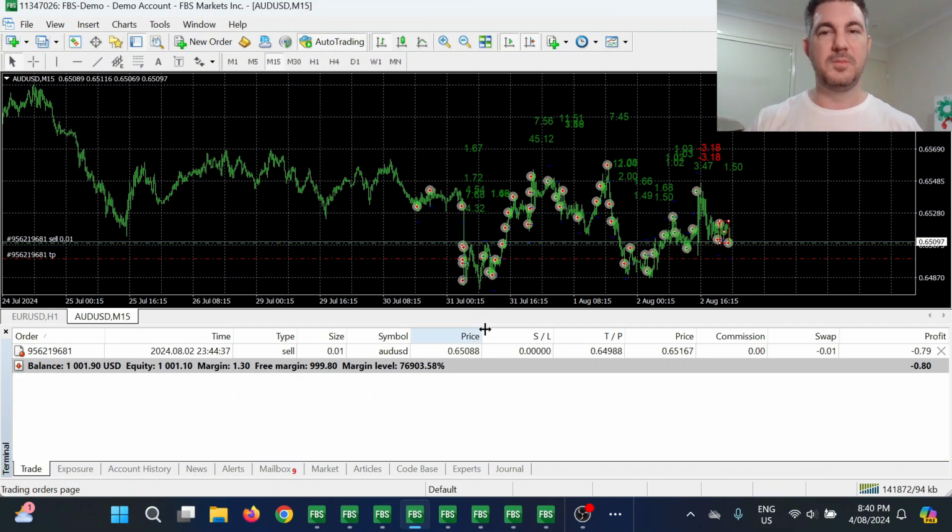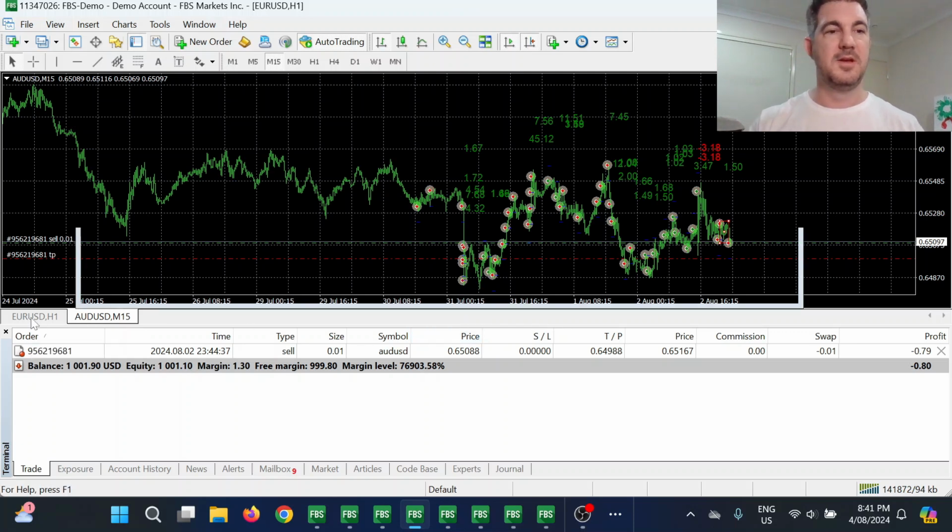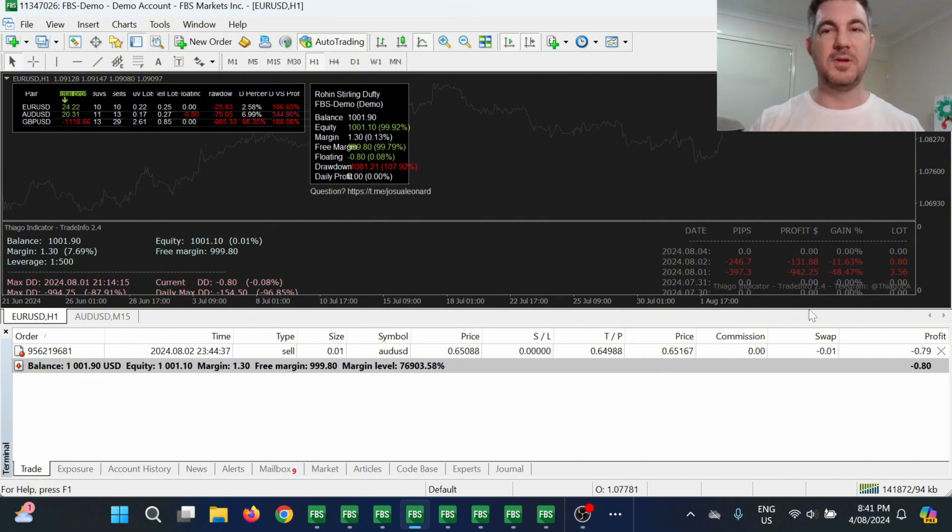EA Golden Moon, I had it trading three pairs: EU, GU, and AUD USD. It blew the account up twice, so I'm going to see what happens if I just put it on AUD USD on M15, and we'll see next week. We can see here that it lost 942, lost 131.